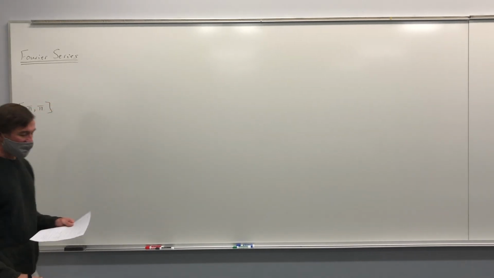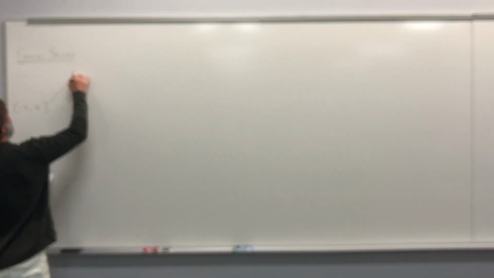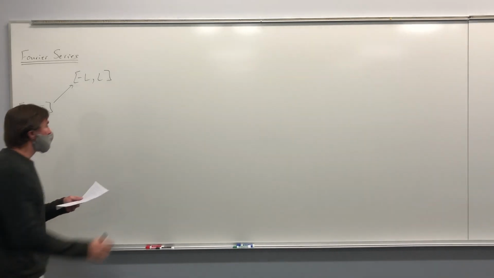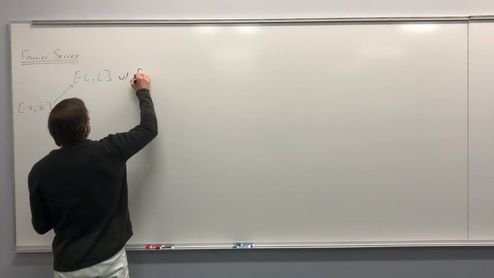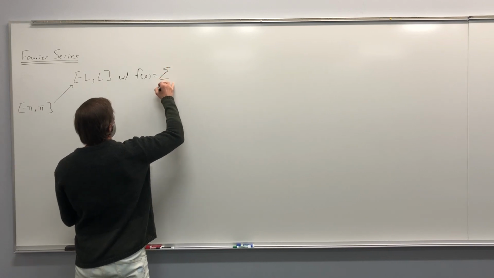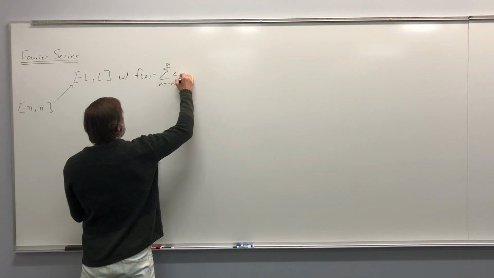And of course that made everything super clean, but it's actually rather trivial to generalize this to an interval from minus L to L. And when we do that, the only difference is what's going into our exponent.